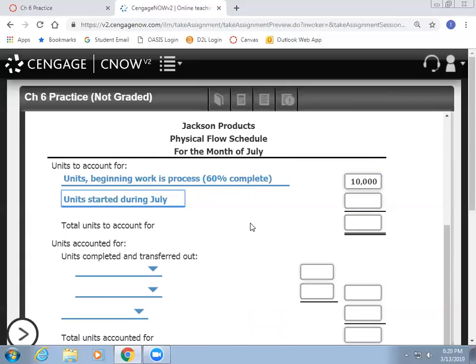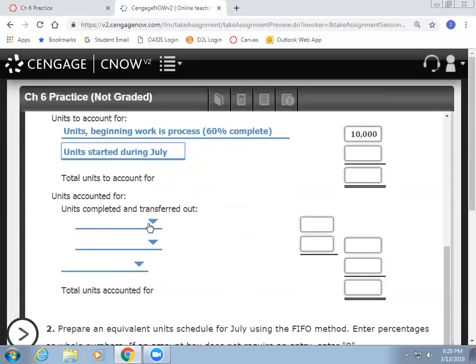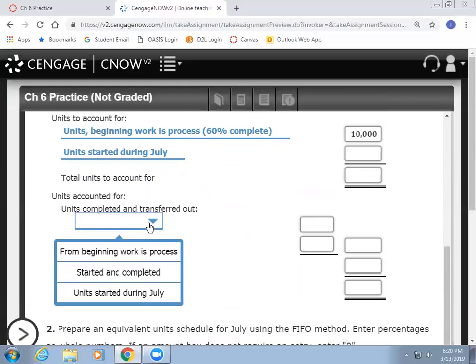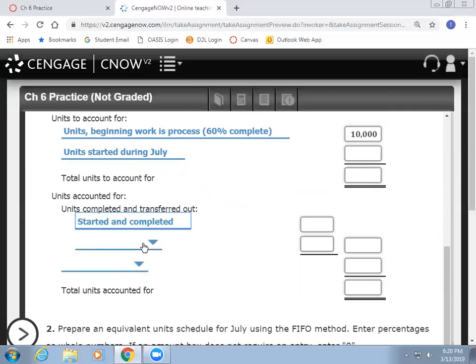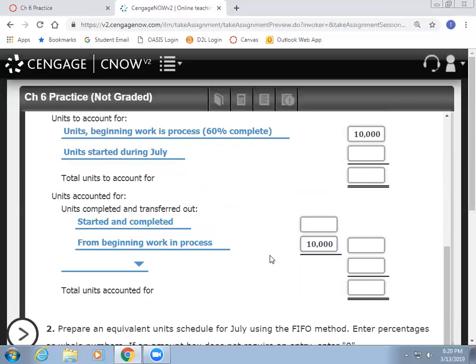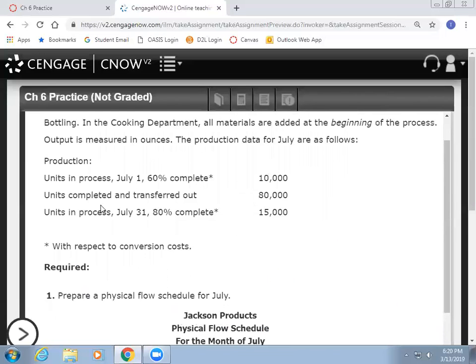Down here, the first thing we want to calculate is what was actually started and completed. Or I'm sorry, transferred out total, everything that was completed. We're going to take what was started and completed and add in our beginning work in process. I know my beginning work in process was 10,000. They didn't tell me what I started and completed. They just told me what was completed and transferred out.